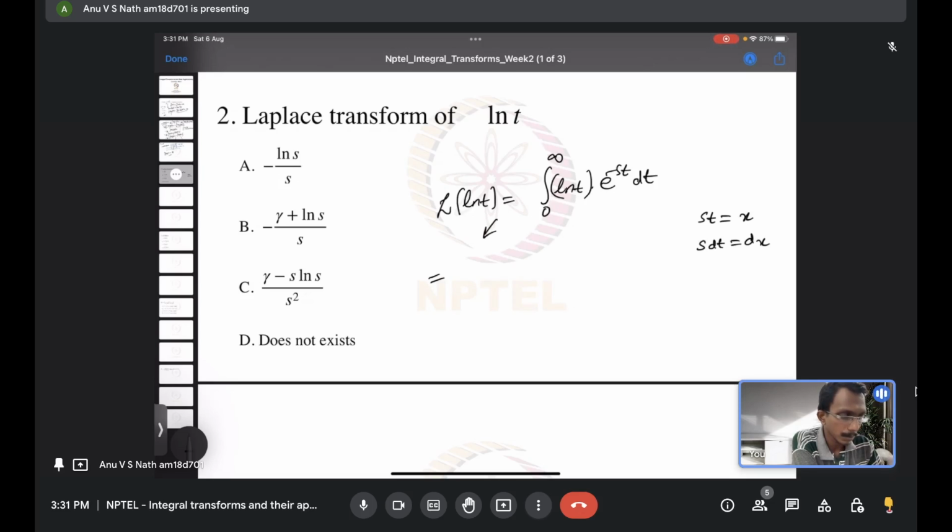Then ln t becomes ln of x by s, times e raised to minus st, which is minus x, times dt which is dx by s. The integration variable is now x, varying from x equal to 0 to x equal to infinity.